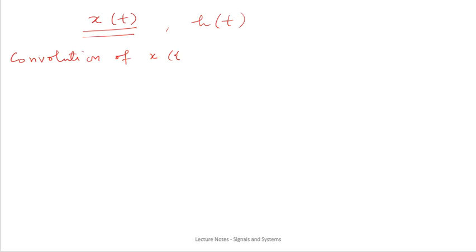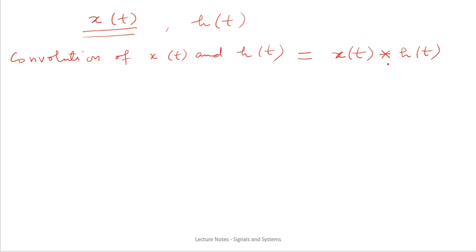So if you have been given two signals, maybe x(t) and h(t), the convolution of x(t) and h(t) is expressed by this symbol, which looks like a star.